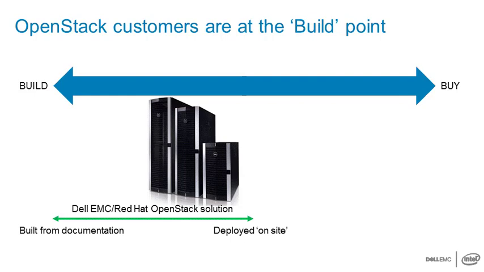So what I'm trying to do is appeal to the sector of the market that either wants to build this themselves or is looking to have a partner that they work with just on the deployment. Then once that deployment's completed, they're up and running, and then they're off building their workloads and managing this OpenStack deployment on their own.